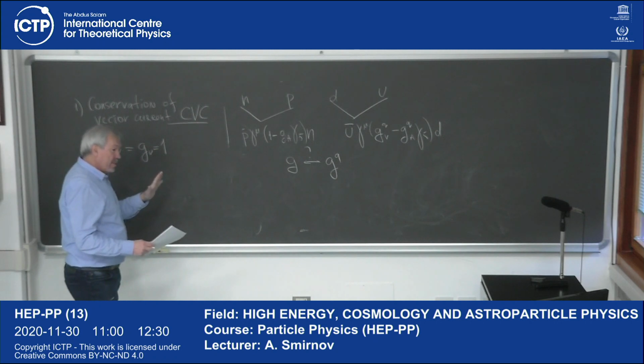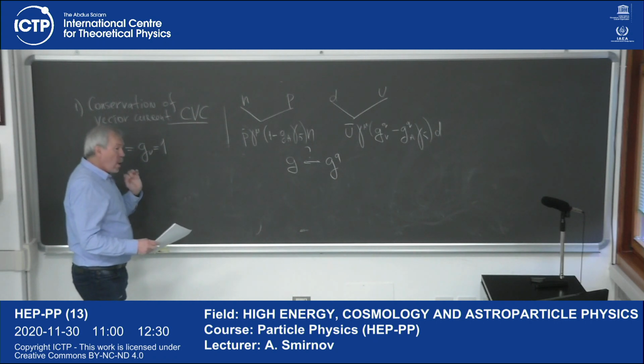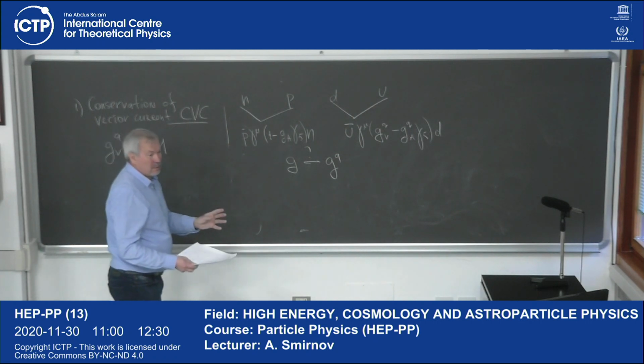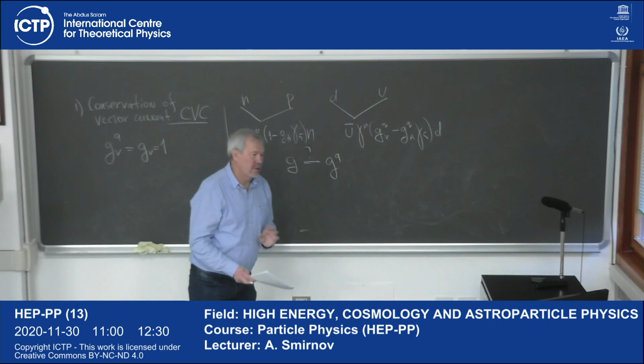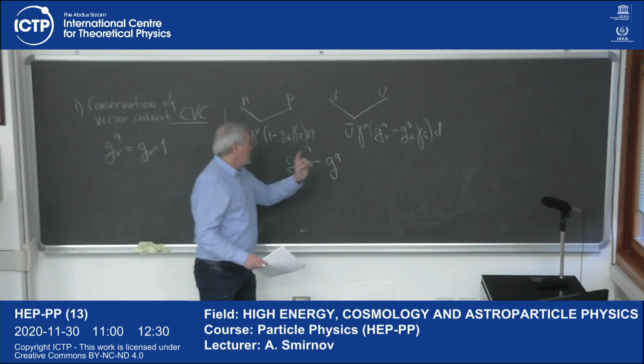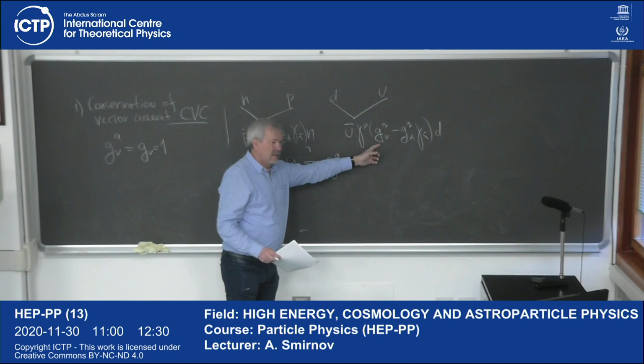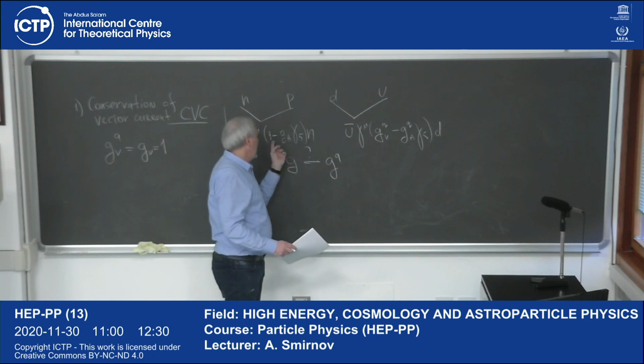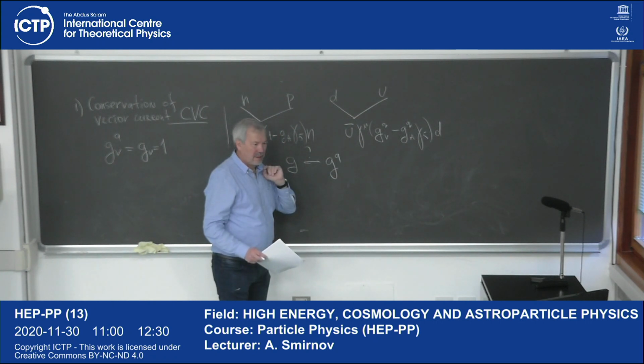This means that strong interactions between quarks, and it should be strong interaction, because that's what keeps quarks inside the hadrons, do not change this coupling, and it is the same as at hadron level.